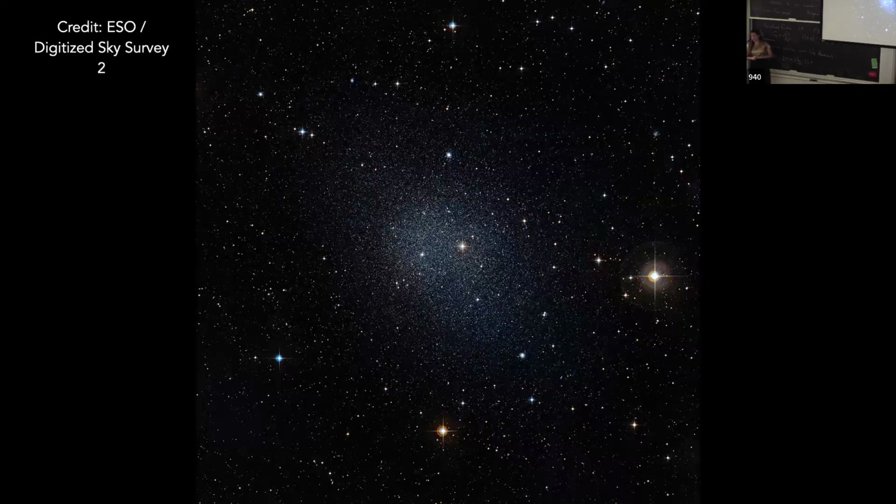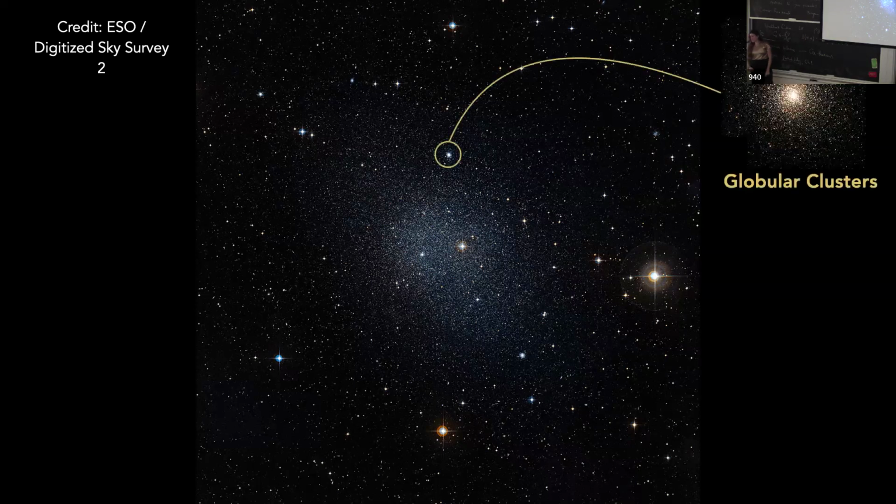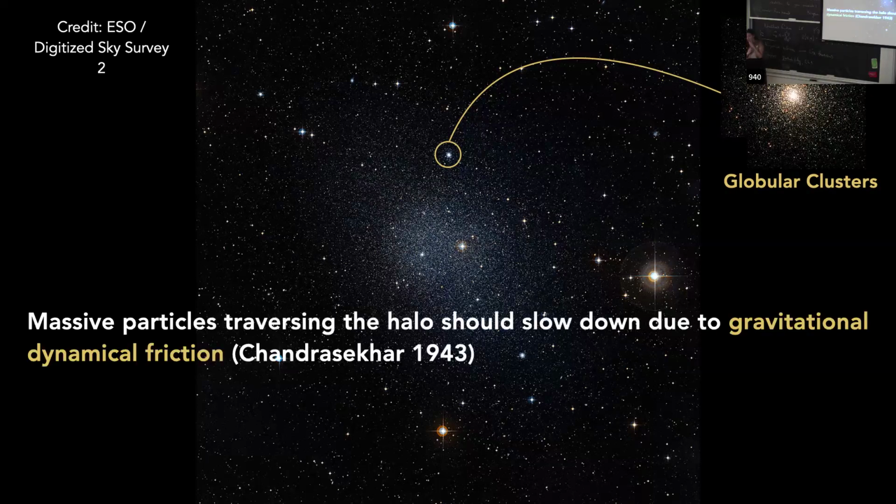And if we look again at Fornax, the Fornax dwarf galaxy, other than dark matter and stars, it also has some globular clusters, about 5, maybe 6. And these globular clusters, when they orbit this galaxy, have quite different orbits than the stars. And this is because of an effect called gravitational dynamical friction, which is when these fairly massive tracers move through the halo, they interact, they do all of these microscopic interactions with the particles that make up the halo, both the dark matter and the stars.